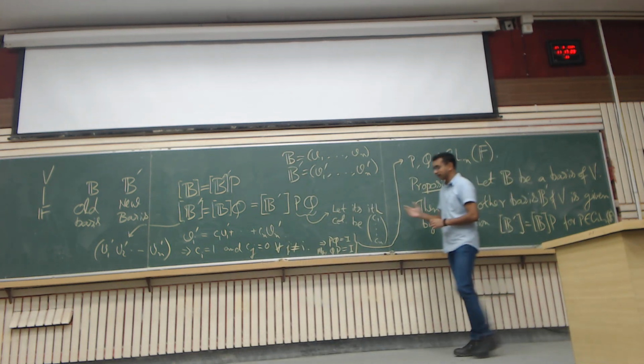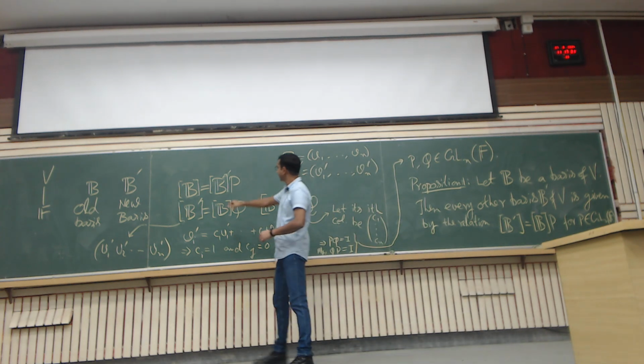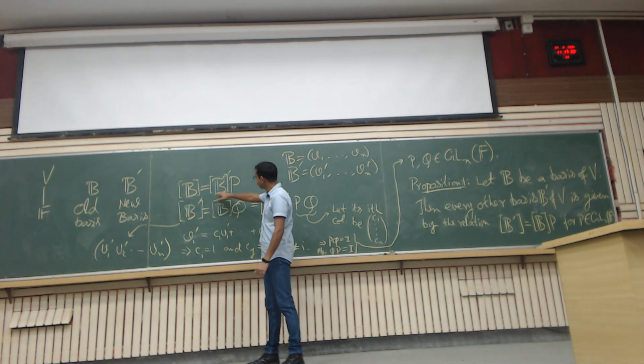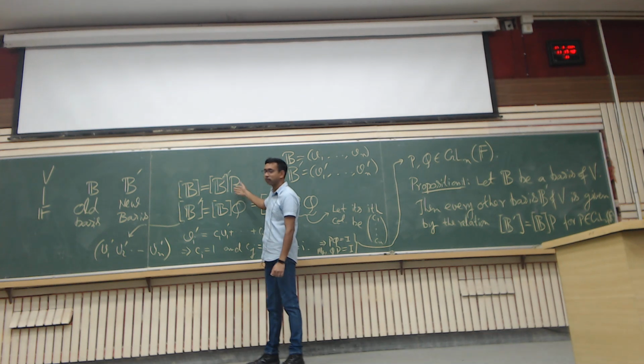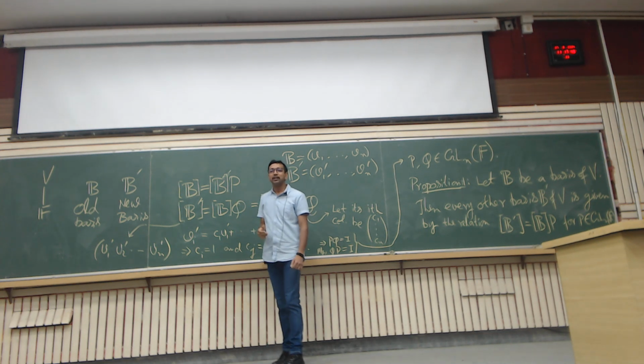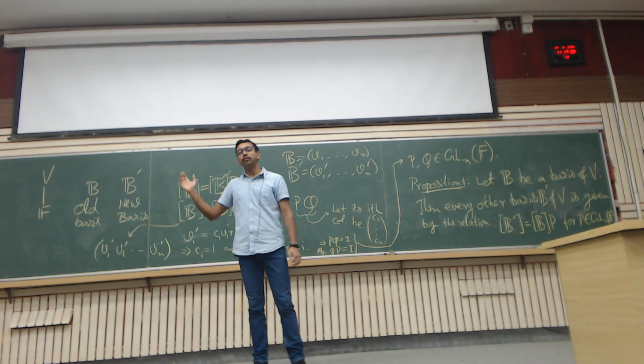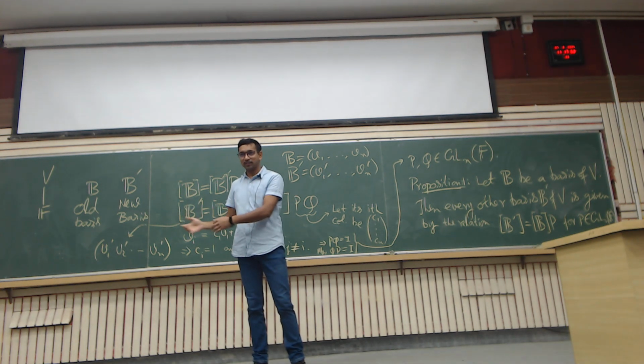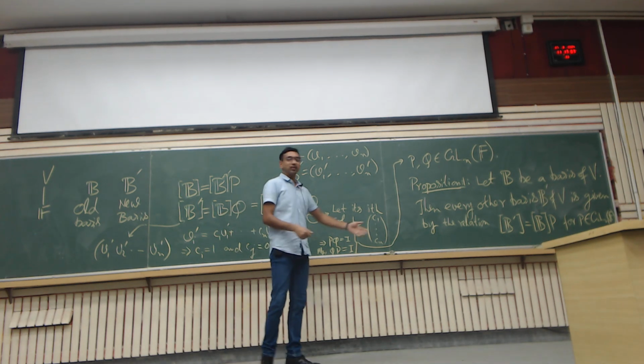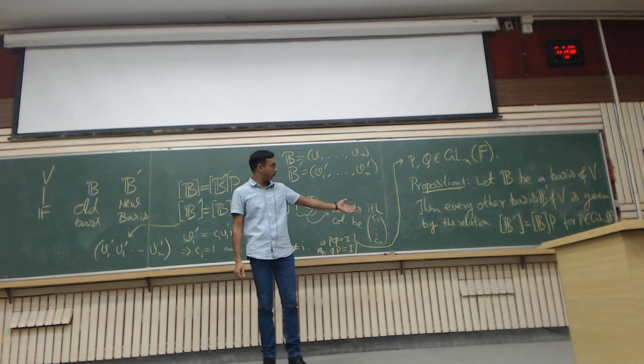That is, if you are given two bases B and B prime, there exists a matrix of change of basis which represents your new basis or your old basis in this way. So you can go from one basis to another by multiplying with the matrix of change of basis. Now, I guess your question is that given any element in GLNF, if we multiply our basis with that, whether we are getting a basis. Let's check. That's the only thing that we should do for proving this proposition.